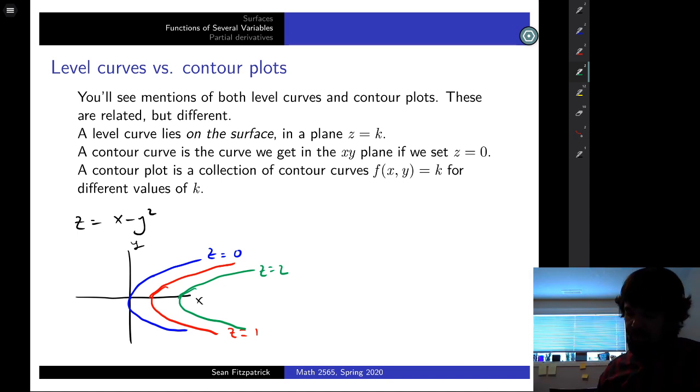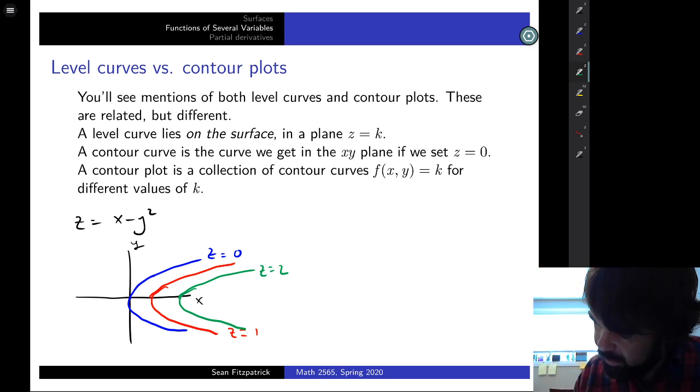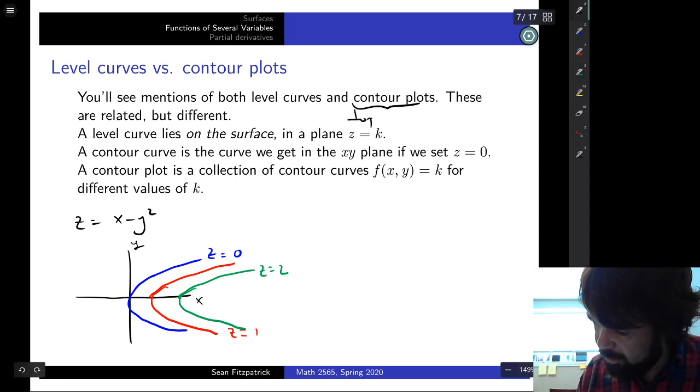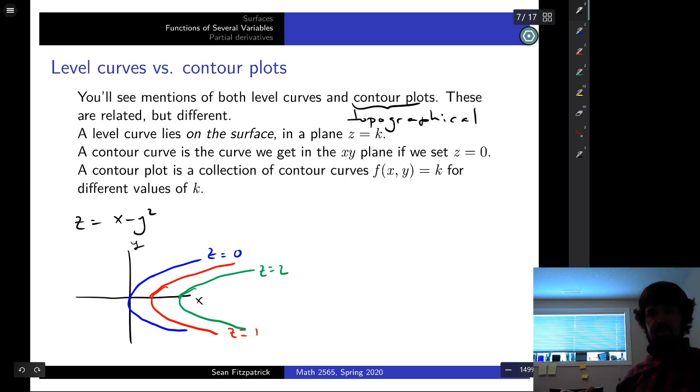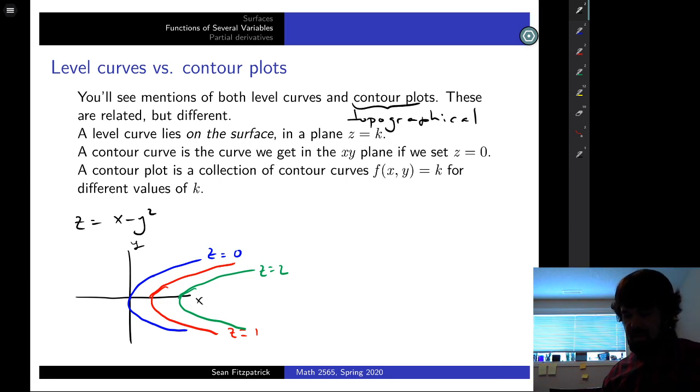So contour plots are like topographical maps is kind of what you want to think of here. When you're mapping mountainous regions, what you're plotting is the curves of constant altitude, right? It's holding z constant, so it's those constant altitude curves, and that gives you some idea of what things look like, right?